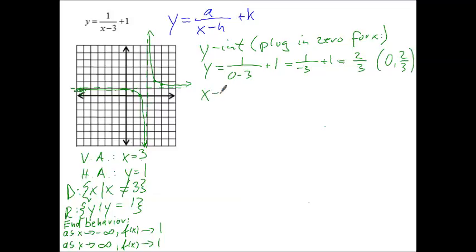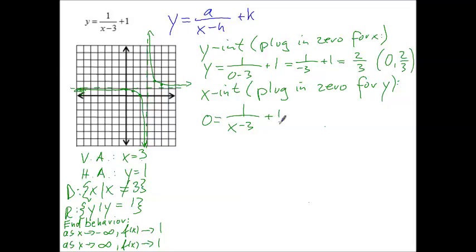And the x-intercept we find if we plug in 0 for y. Then we can say 0 is equal to 1 over x minus 3 plus 1. Move the 1 to the other side. Negative 1 is equal to 1 over x minus 3. Now we're going to multiply everything by the denominator, and we get negative 1 times x minus 3 is equal to 1.